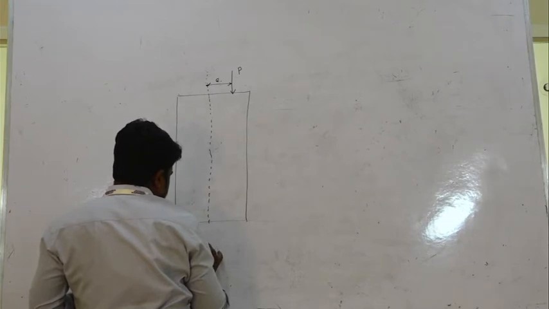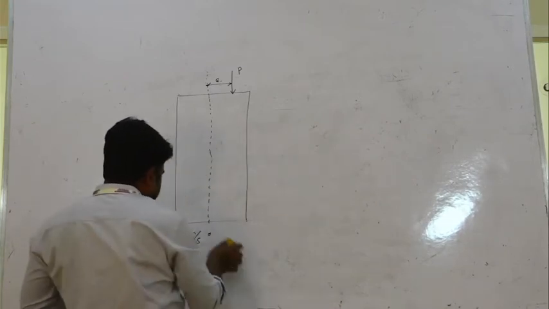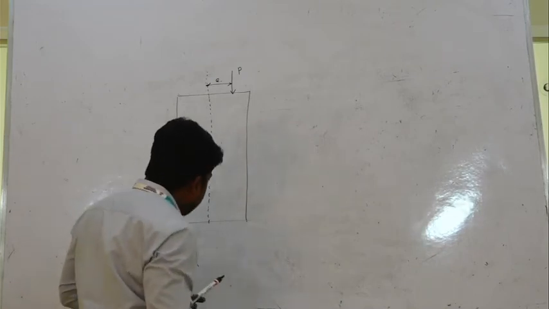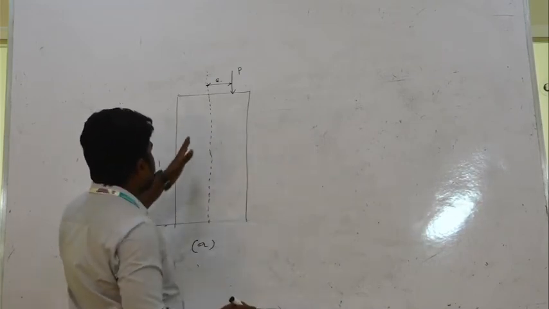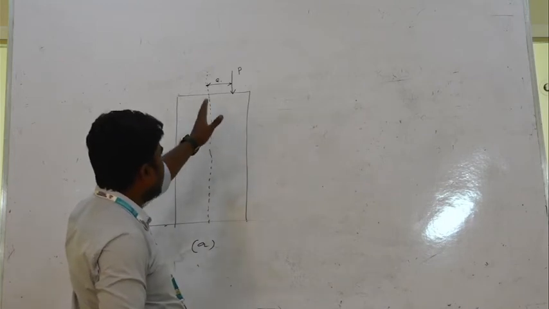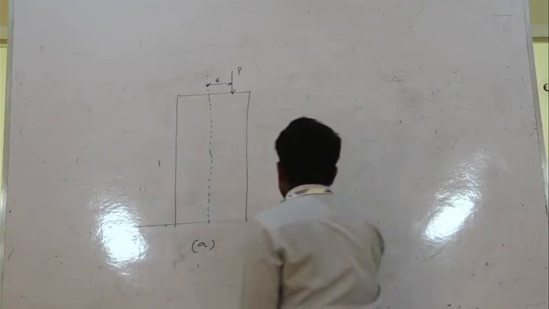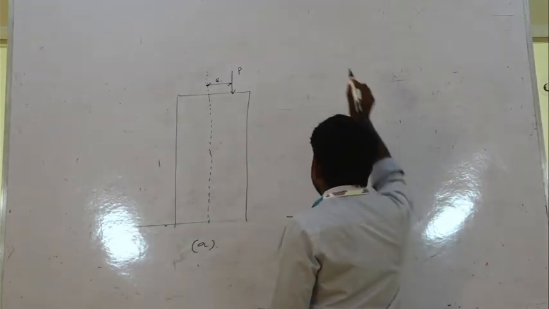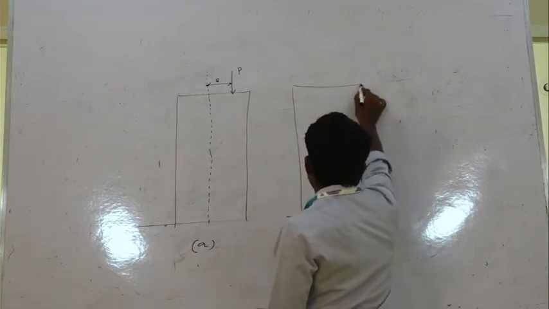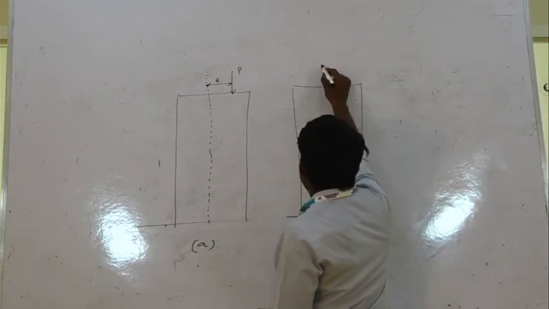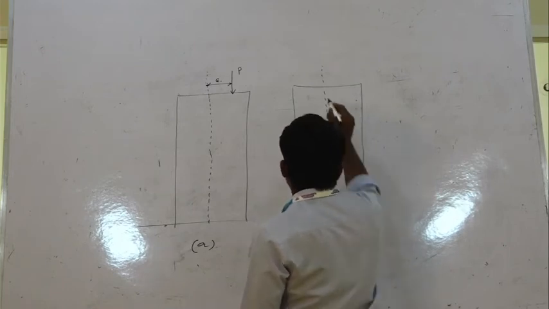This is the cross section, with area small a. This is a column acted on by the eccentric load with some eccentricity e, under equilibrium condition.